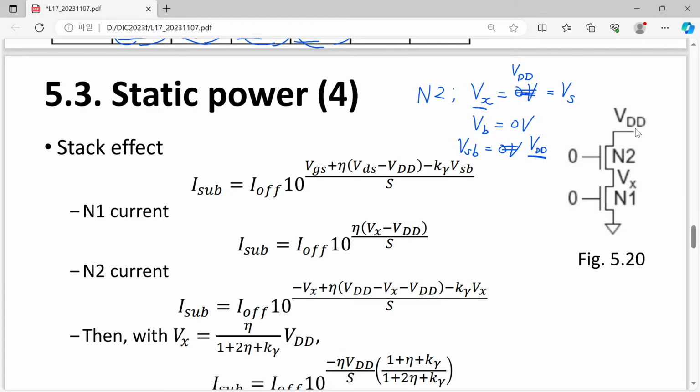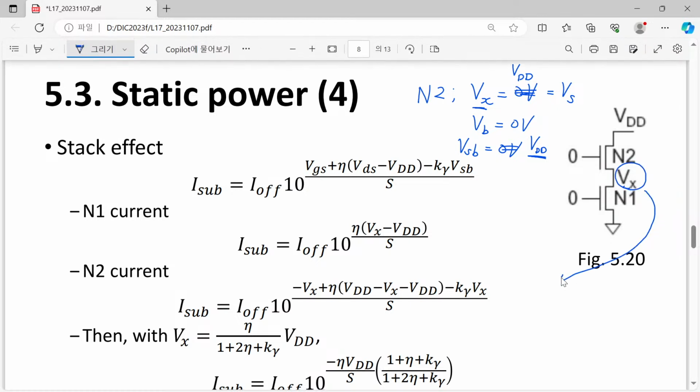Simply speaking, by the action of our transistor operation, this source voltage is not always equal to 0. It can be increased. Of course its value will be bounded between 0 to Vdd, and in this case we will have a certain elevated voltage, and for this N2 device, since its body is grounded, it will have relatively high Vt.